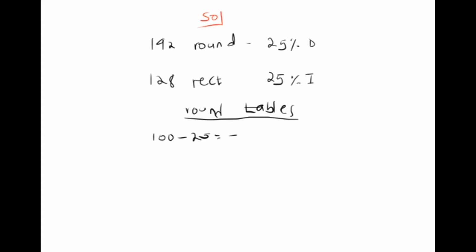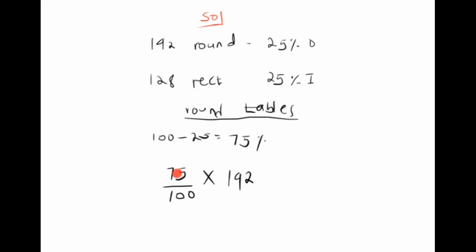We get 75%. Then 75%, this is the same as 75 over 100 times the total number of tables, which was 192.